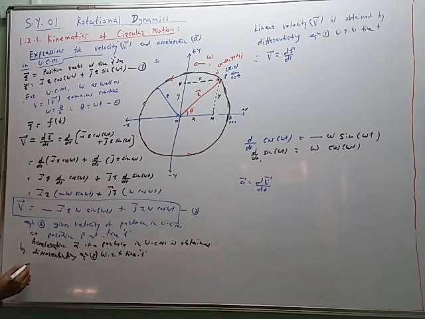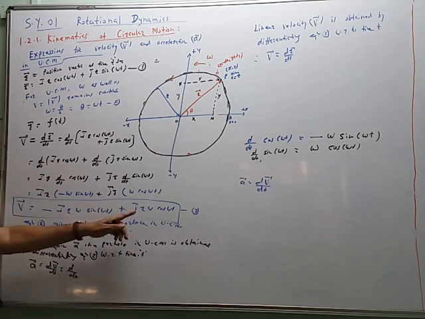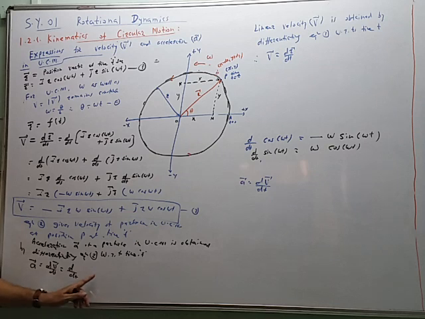याचा डेरिव्हेटिव्ह आपल्याला घ्यायचा आहे. सो a इज इक्वल टू dv by dt is equal to d by dt of this complete term. आपण पहिला रूल डायरेक्ट यूज करू. Derivative of the sum is equal to sum of the derivatives.